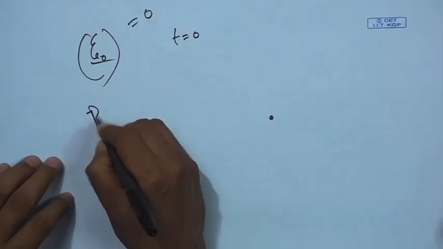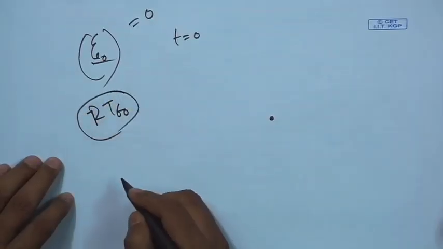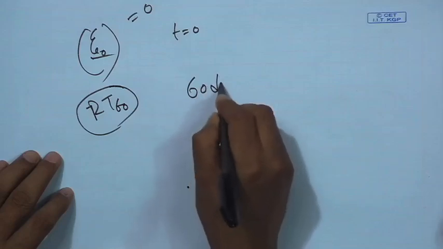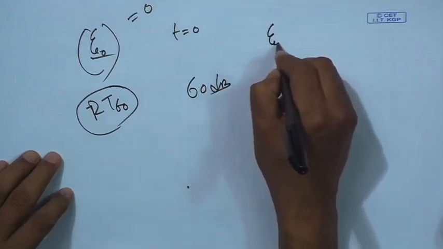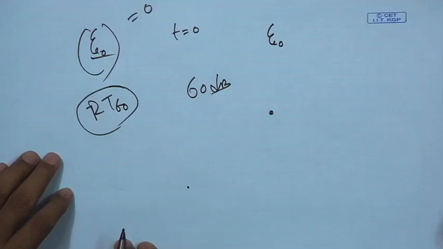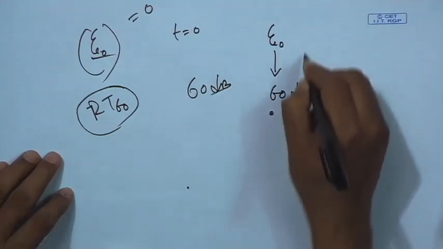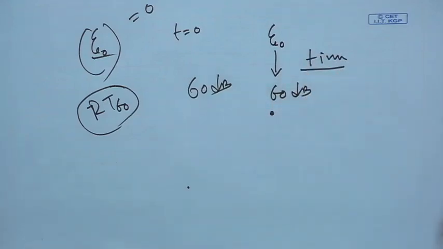Reverberation time, or RT60, is defined as the time for the sound energy to drop by 60 dB. At t equal to 0, the room has a sound energy density psi 0, and the time required to drop that psi 0 by 60 dB is called reverberation time.